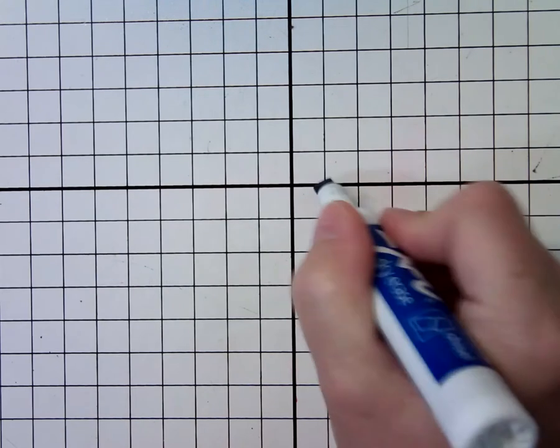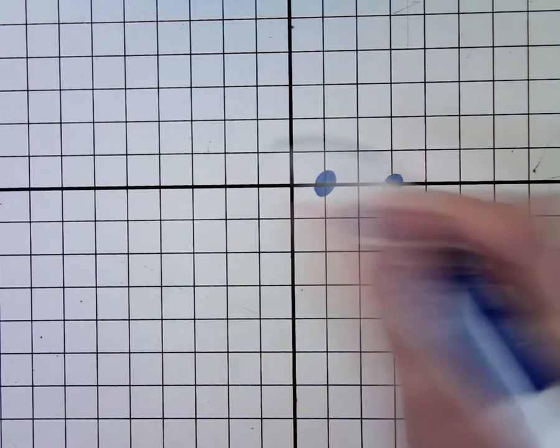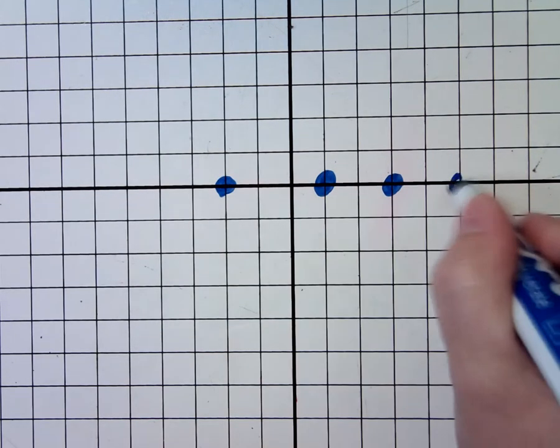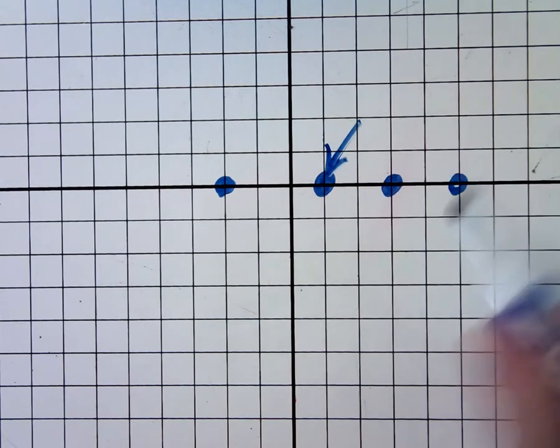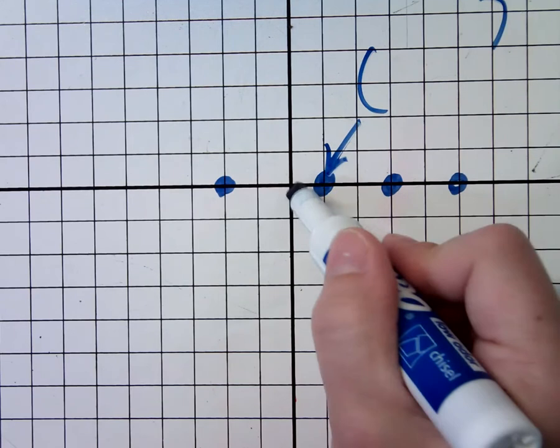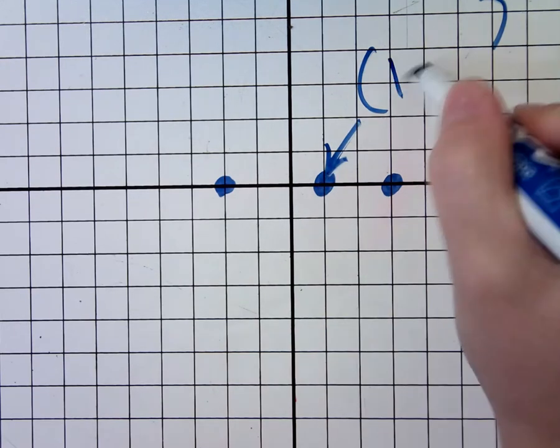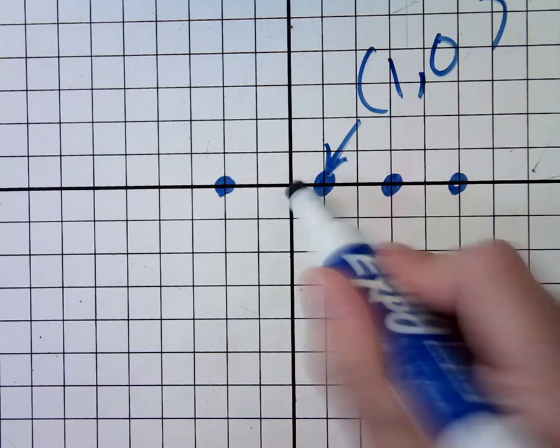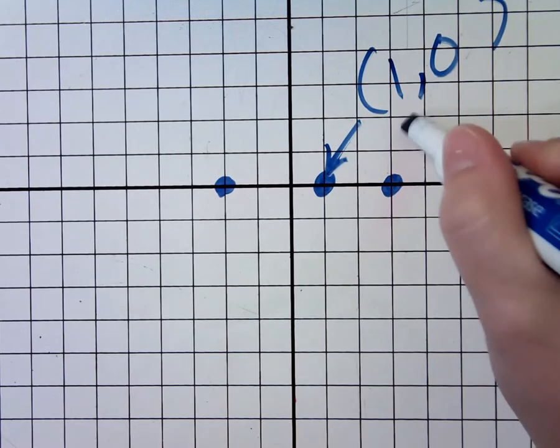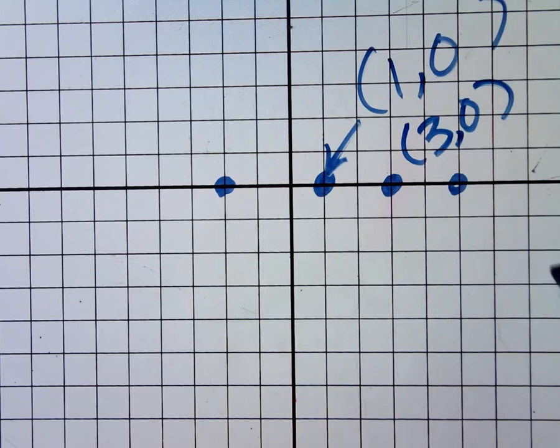And I'm going to plot some points on the x-axis. So just some random points on the x-axis. Okay, this one, what is that ordered pair? Right 1, don't go up or down, so it's 1, 0. How about this one? Right 3, don't go up or down, 3, 0.